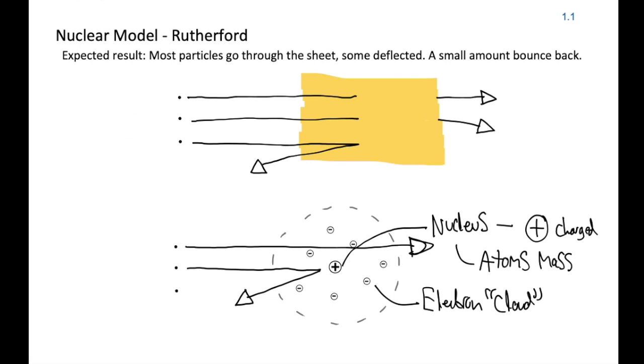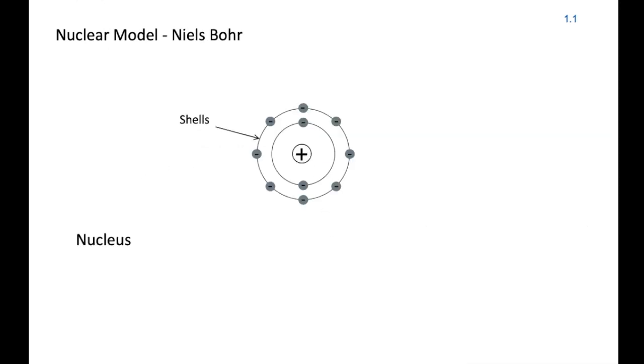Now, there was a problem with this model, and that was the fact that we had a cloud of negatively charged electrons just surrounding this dense positive charge. And surely what would have happened is the opposite charges would attract, and the electrons would just move towards the positive nucleus, causing the whole structure to collapse. And Danish physicist Niels Bohr proposed a new model to get around this problem.